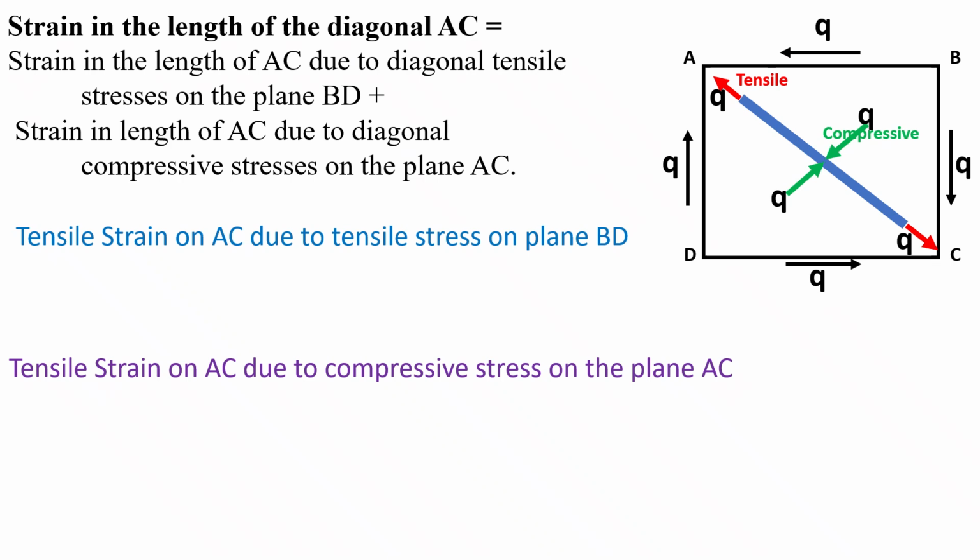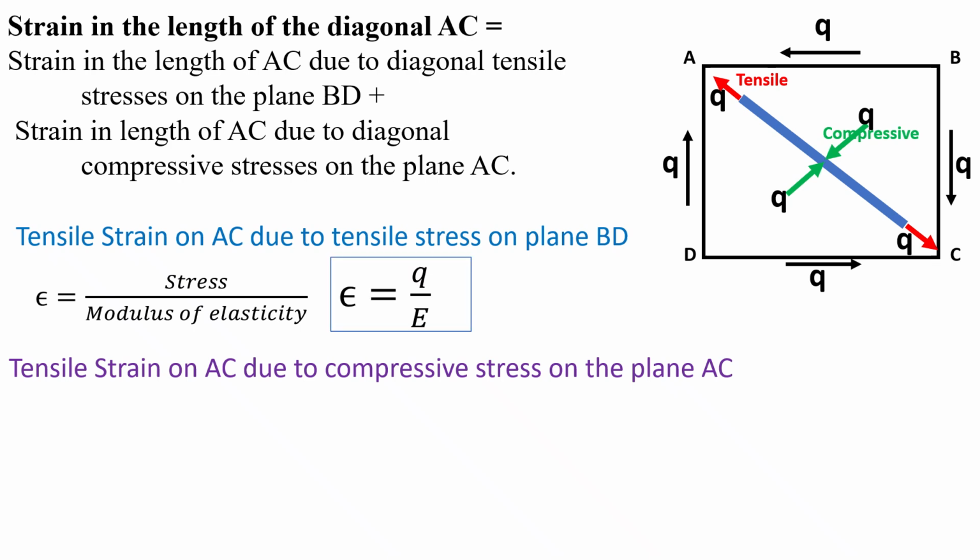First we have to calculate the longitudinal strain, that is epsilon equals stress divided by Young's modulus, which is epsilon equals small q divided by capital E. Next we have to calculate the lateral strain. We know the Poisson ratio, that is mu equals 1 by m.